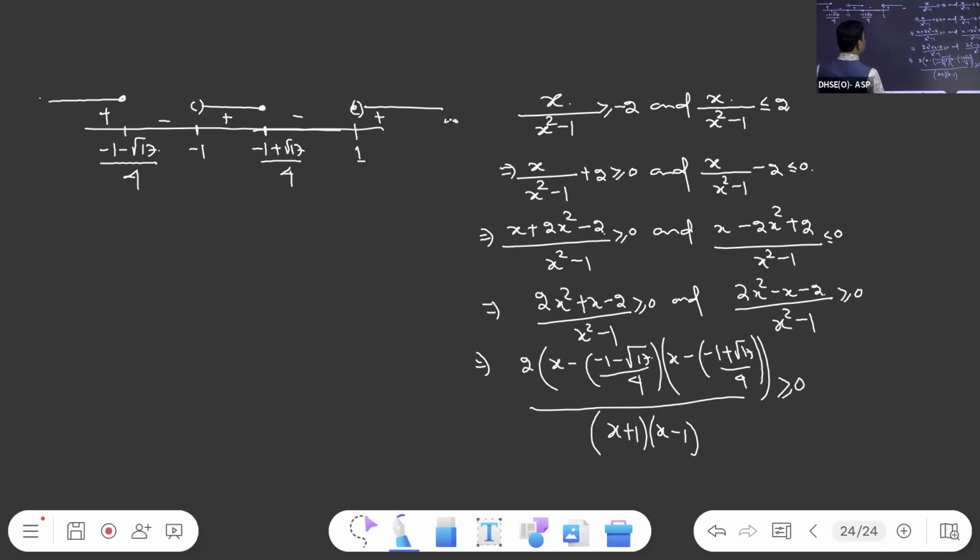Then we will solve the second inequality. The right hand side inequality: 2x square minus x minus 2 upon x square minus 1 greater or equal to 0.